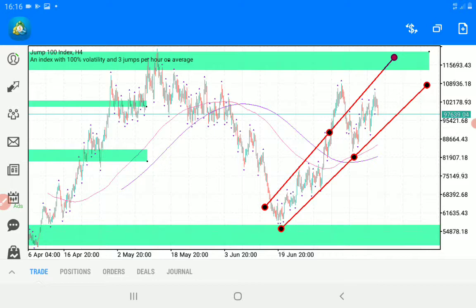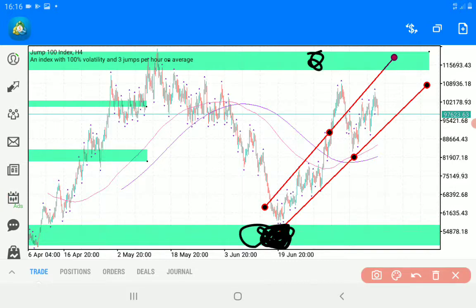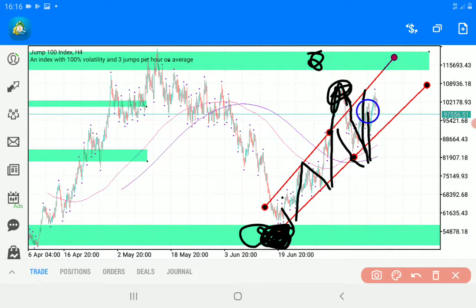And I believe if it doesn't break, Jump is going down, because it went down, went up, down, up, down, up, though it had a false breakout there, and then it went down, up, right? And then it's now going down.